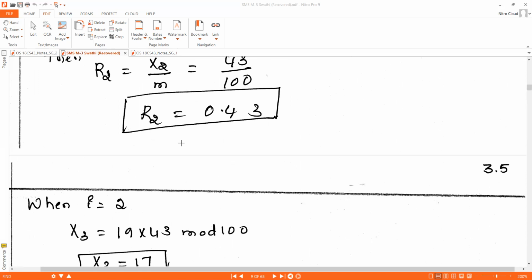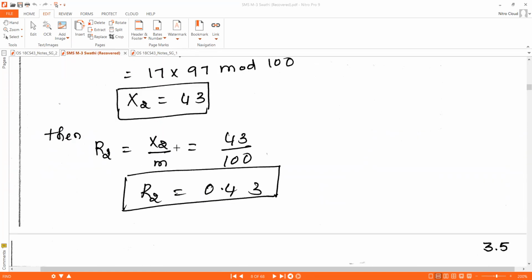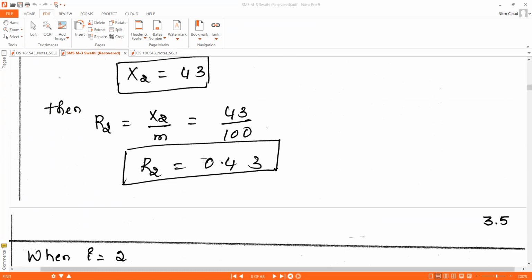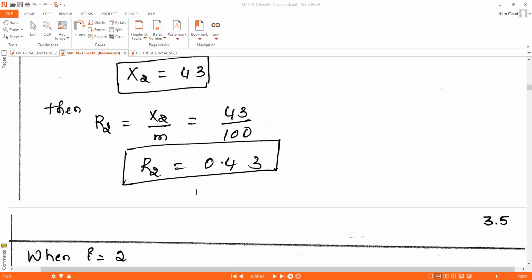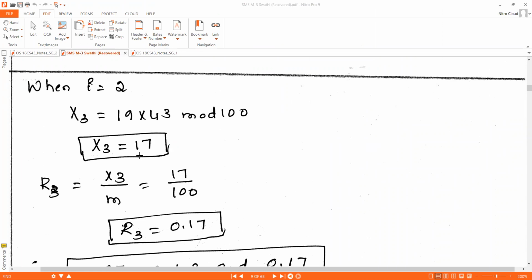In that formula, we need to substitute the values. X3 is equal to a value we know, it is given in the question, that is 19 into x2 value. X2 value we have calculated here. X2 value is 43. 43 we will substitute, 19 into 43 mod m, the value is given in the problem, so m is equal to 100. We will get 19 into 43 mod 100, we will get 17. Okay, x3 value we will get 17.